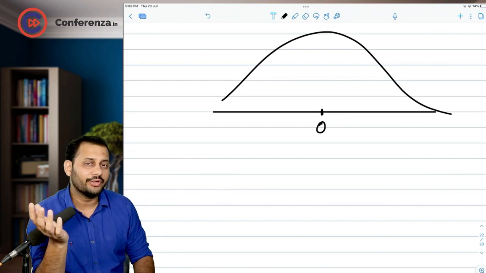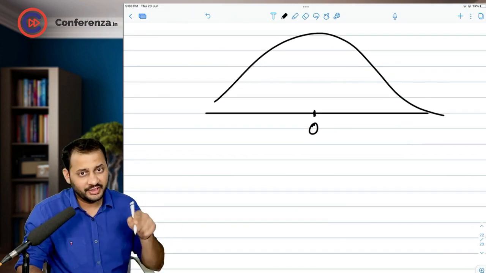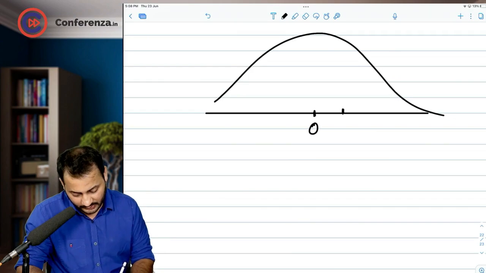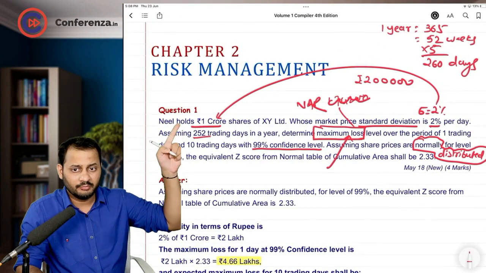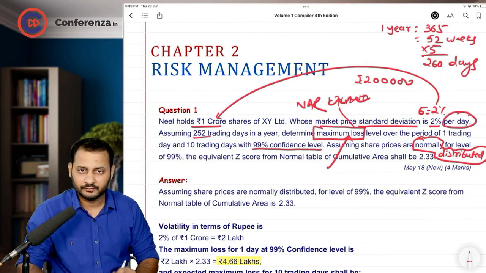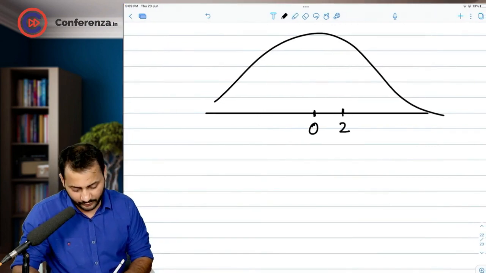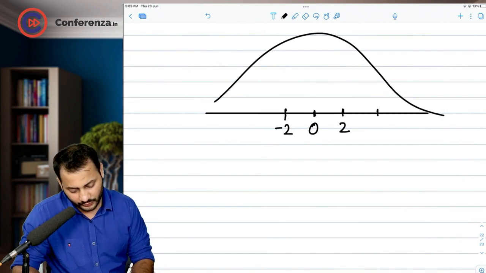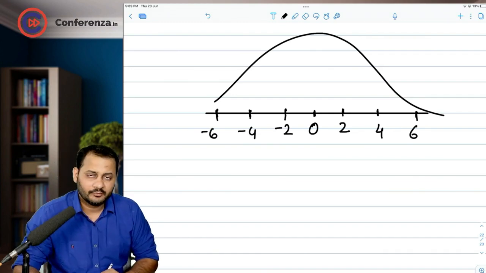From that point onwards, either it will be profit to you or loss to you. The standard deviation of this profit and loss is given to you, which is 2 lakhs. You remember 1 crore multiplied by 2% is the standard deviation per day. Cool. So it can be either 2 lakh profit to you on the first day maximum, or 2 lakhs of loss to you, then 4 lakhs, 4 lakhs, 6 lakhs, 6 lakhs.